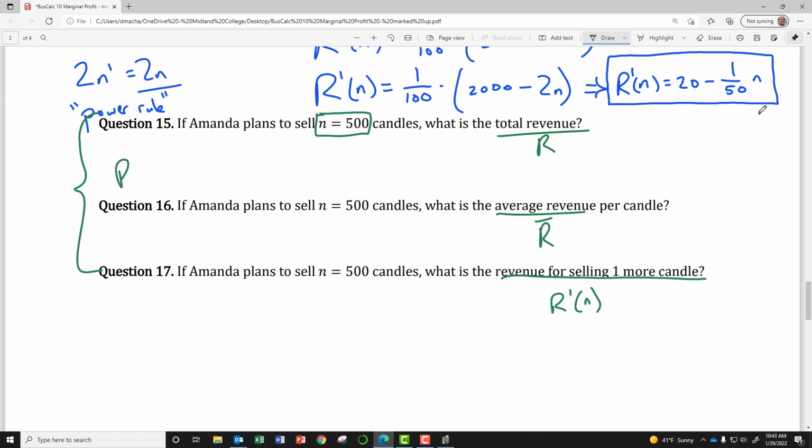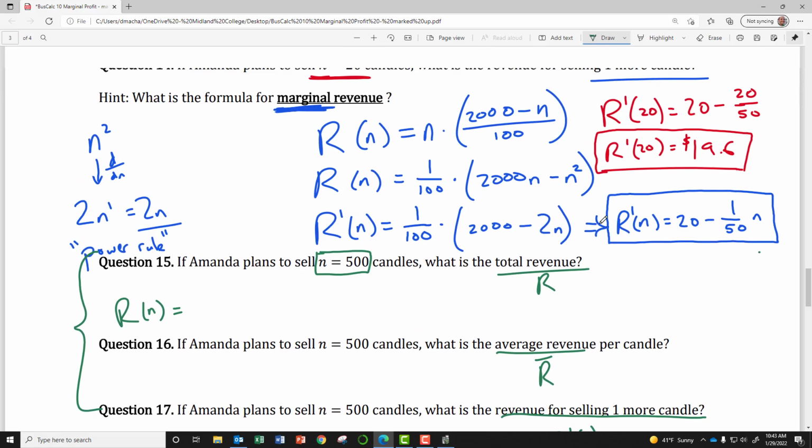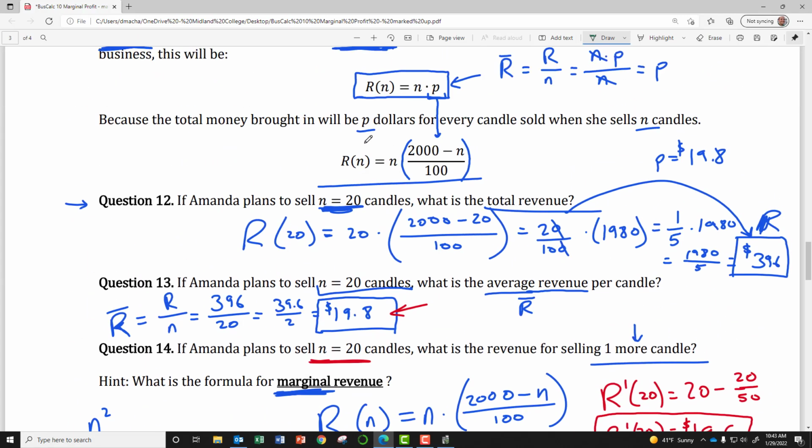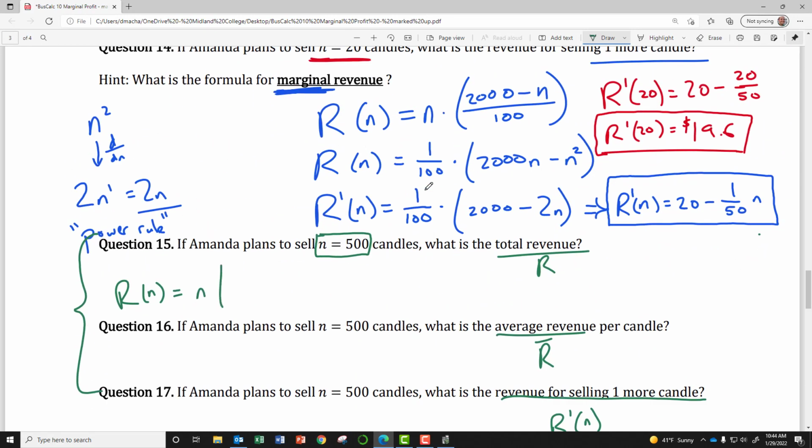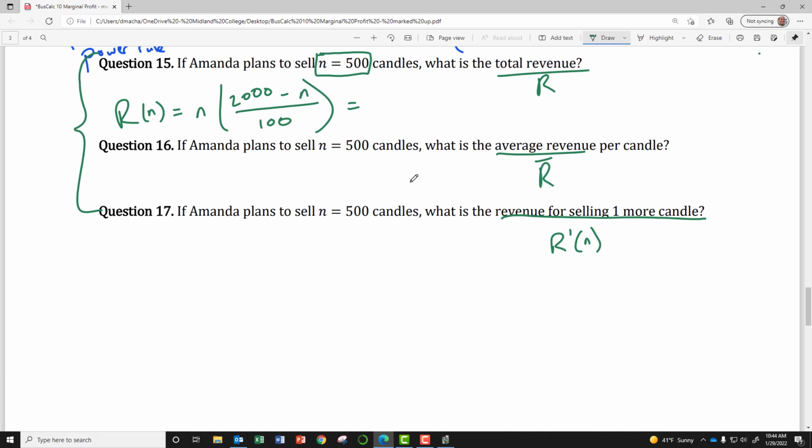And so our total revenue function was, it's a little bit difficult for me to remember, N times 2,000 minus N over 100. R bar, the average revenue, is just the revenue over N. And that, again, would just be the price of the candle.